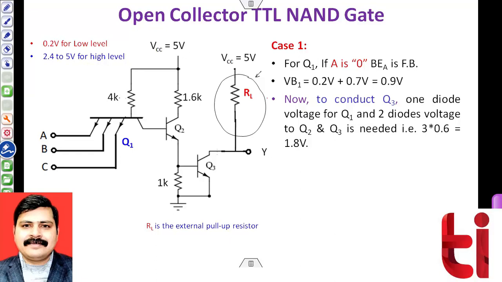You can check that one diode voltage of Q1, that means the voltage between base and collector, then the voltage between base and emitter of Q2, and the voltage between base and emitter of Q3 are required. Suppose I consider 0.6 volts each, so 3 multiplied by 0.6, that means 1.8 volts is required over here. But you can check how much voltage is available over here. Only 0.9 volt is available.